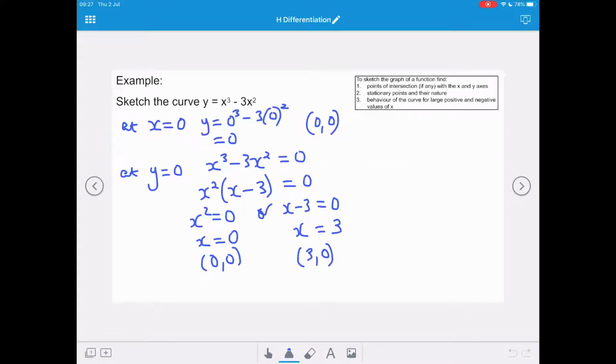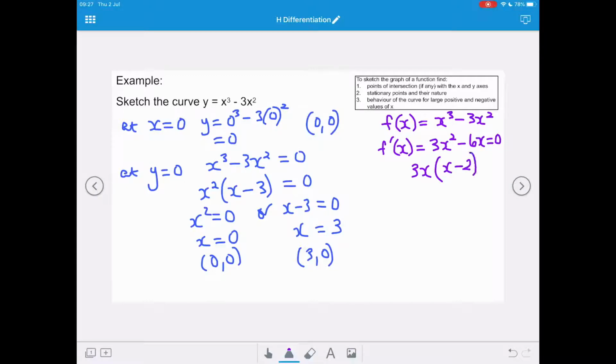Now the next thing we want to do is look at the stationary points and their nature. And we do that by differentiating the function. So we've got f of x equals x cubed minus 3x squared. So our derivative of f of x is going to be 3x squared minus 6x. And we equate that to 0 because we know the gradient of stationary points is 0.